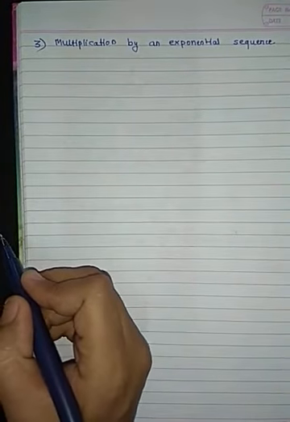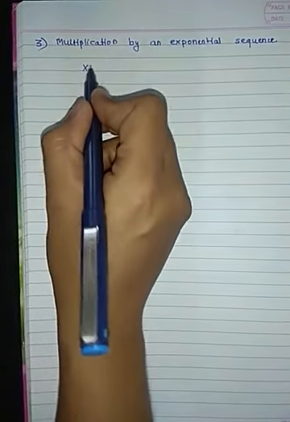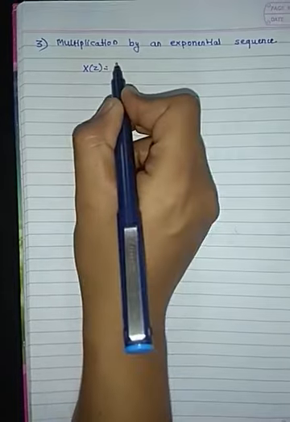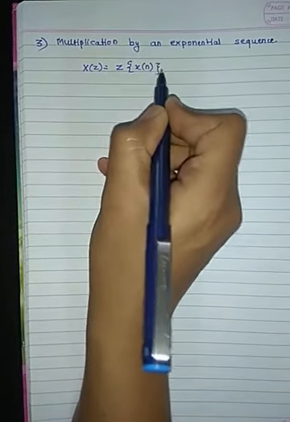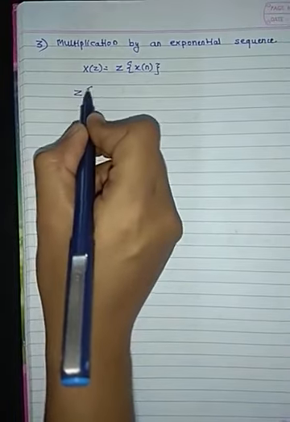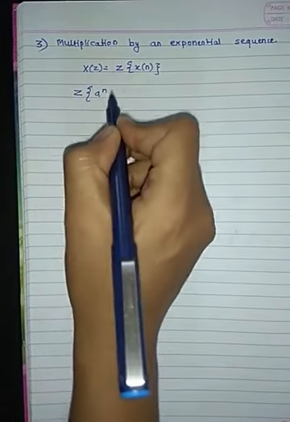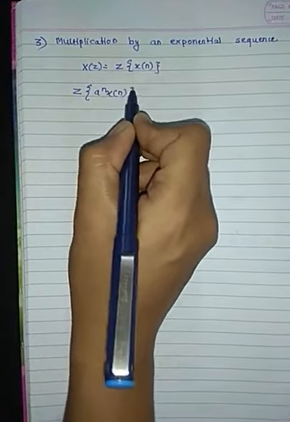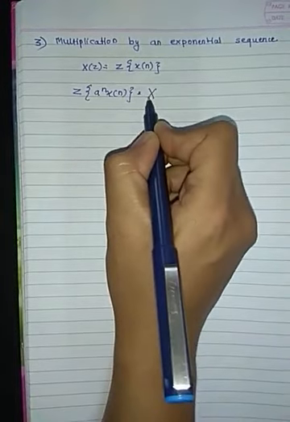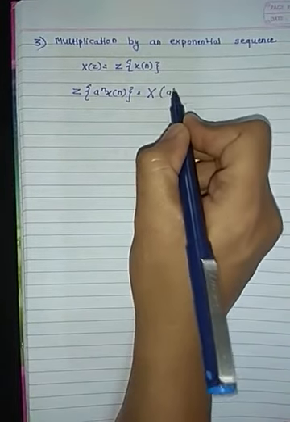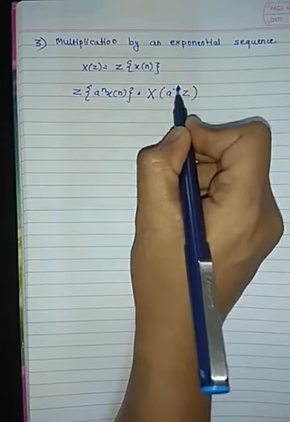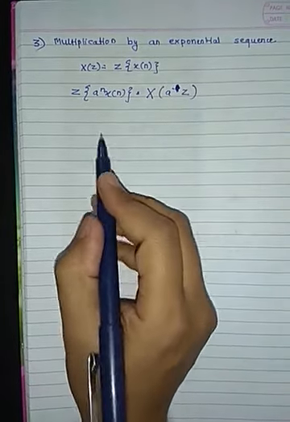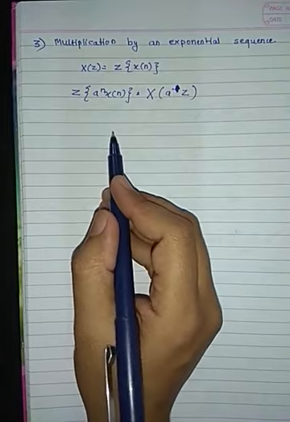If X of z is equivalent to Z of x of n, then the z transform of a raised to n into x of n is equal to X of a raised to minus 1 into z. Okay, so this is the multiplication property here.